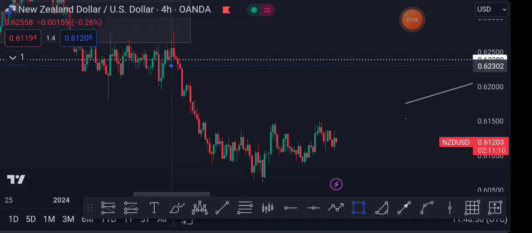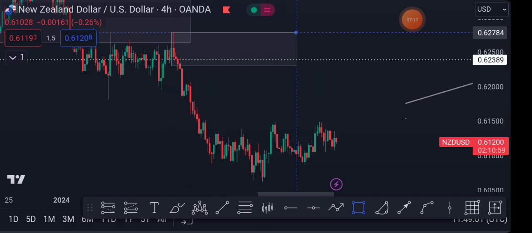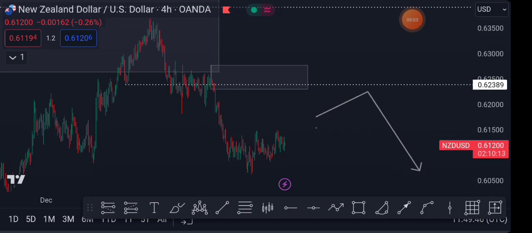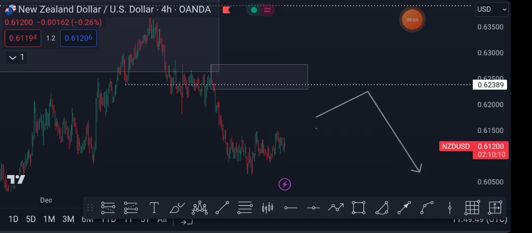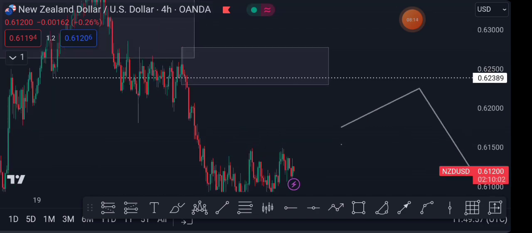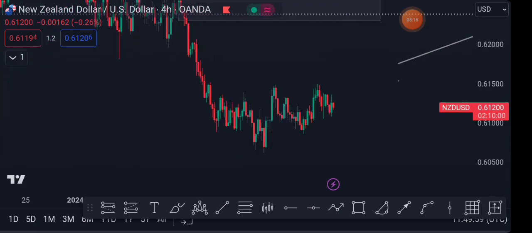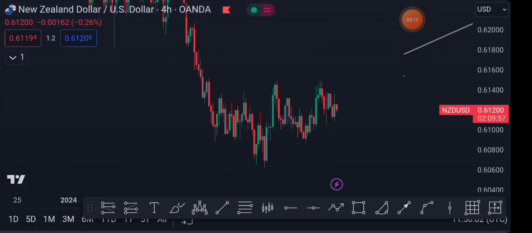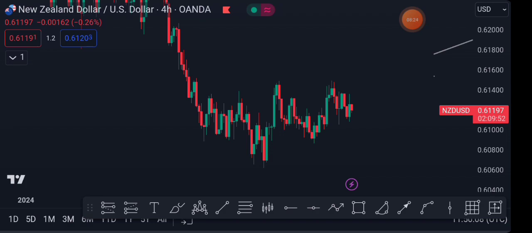So if you take a closer look, you are gonna see that we have a supply level at this area. So before I take a trade, I want to see the market move in that upside direction. So at this level, you can clearly see that we have a reversal.